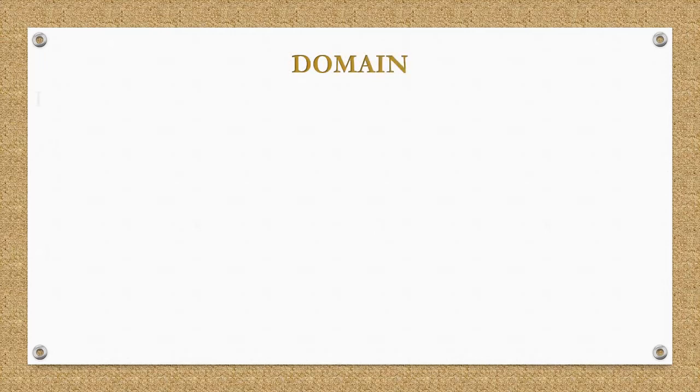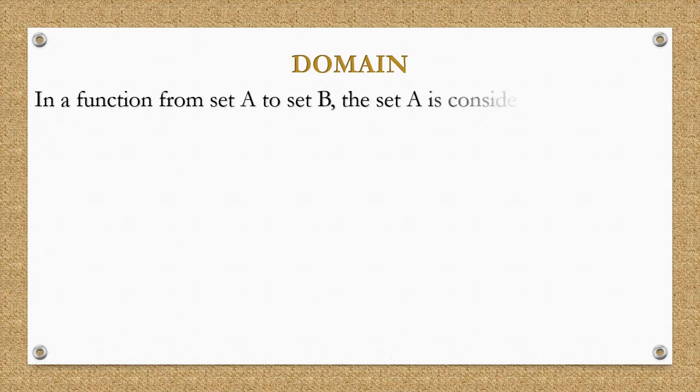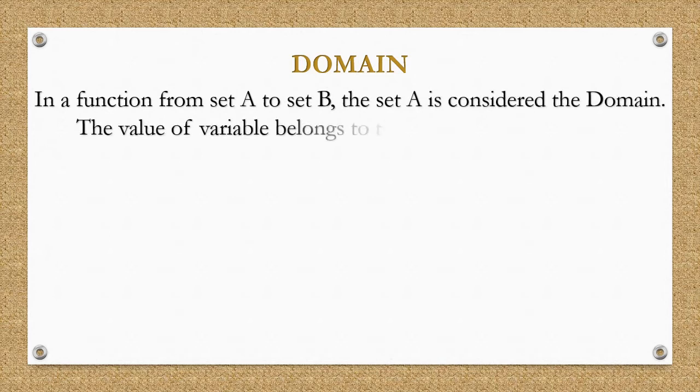First of all, domain. In a function from set A to set B, the set A is considered the domain. The value of the variable belongs to this set. It is denoted as Df, that is, domain of a function. Basically we have two sets, and the values of one set must connect to the values of the second set.